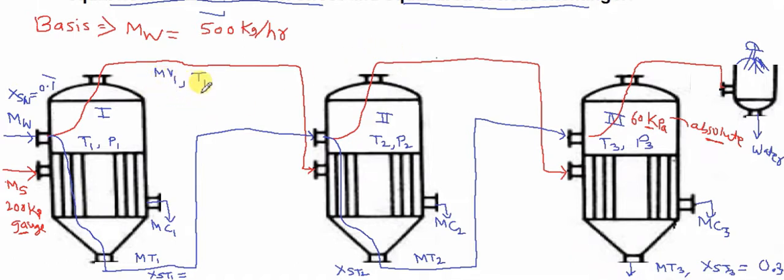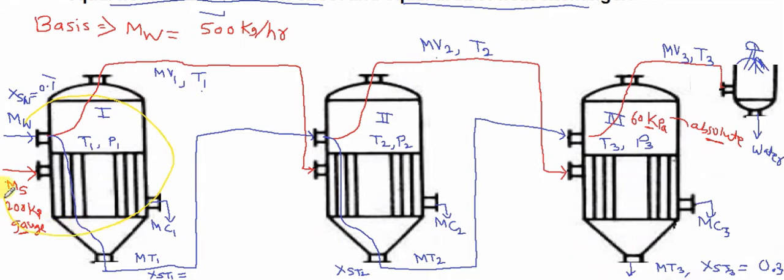Here the important thing is the mass flow rate MV1 at temperature T1. The mass flow rate coming from the second effect is MV2 at temperature T2. Similarly, the mass flow rate coming from the third effect is MV3 at temperature T3.